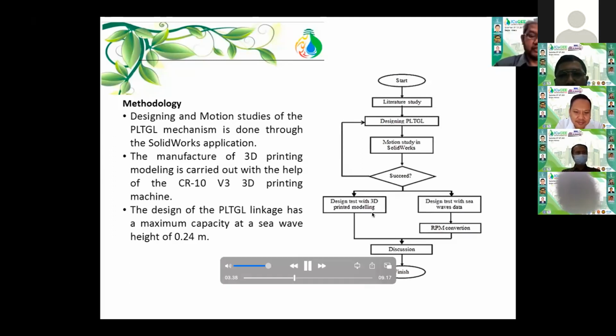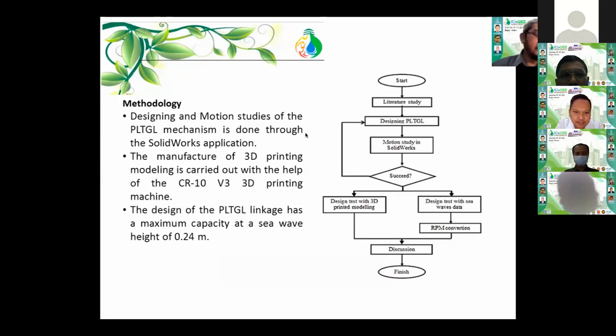...to 225 degrees Celsius. The design of the PLTGL linkage has a maximum capacity at a sea wave height of 0.25 meters. This has an impact when entering data into the simulation in the motion study, using scaled data, which is assumed to be the same as data from the Geospatial Information Agency.